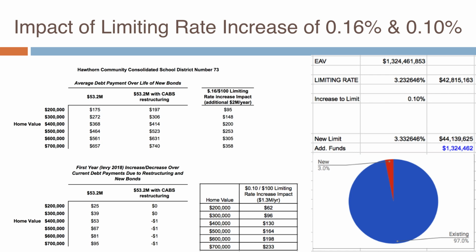And with option B, you can see it's net zero or negative $1 for home values at $400,000 and above. Now, knowing that the current operations within the school district has been deficit spending, and we need to go through great lengths to consider tier 1 type cost-saving initiatives that do not affect instruction, where we can go through that full exercise and identify cost-saving measures within the district.